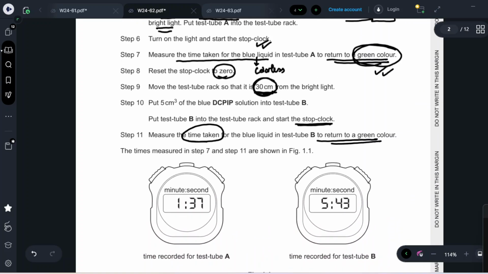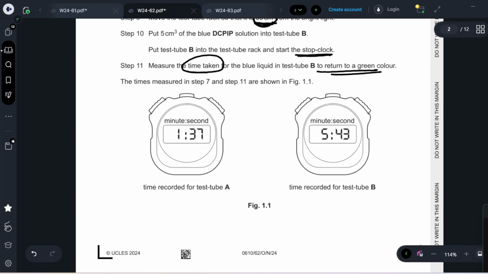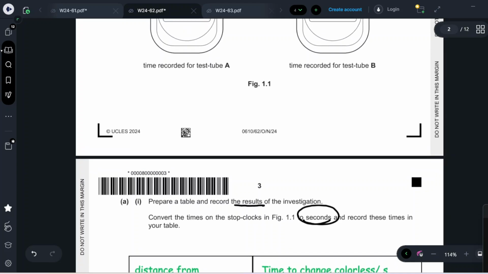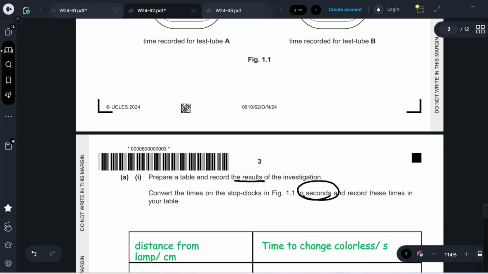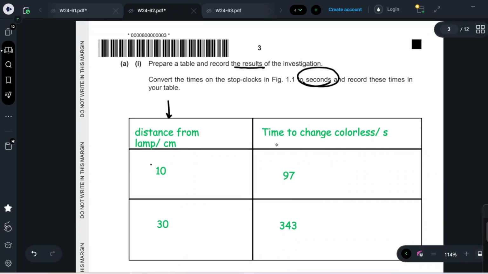And these are the results in minutes and seconds. What does he want you to do? Prepare a table, record the results, convert the times to seconds. What did I change? Changed variable is always on the left side of the table. I changed the distance from the lamp. 10 centimeter for test tube A, 30 centimeter for test tube B. What did you measure?